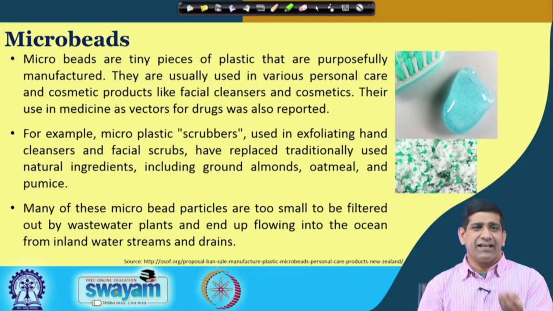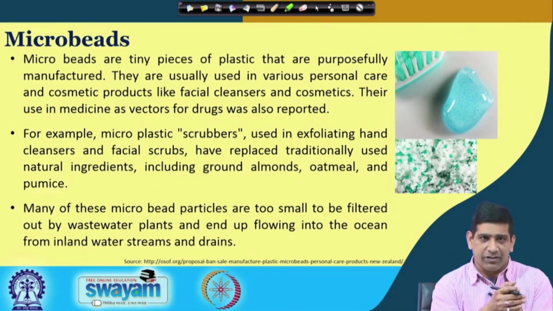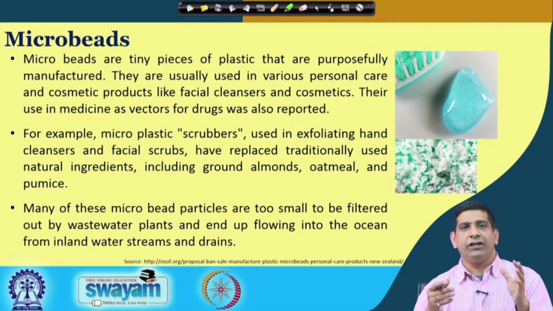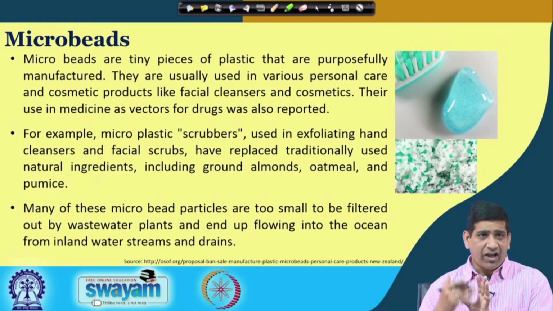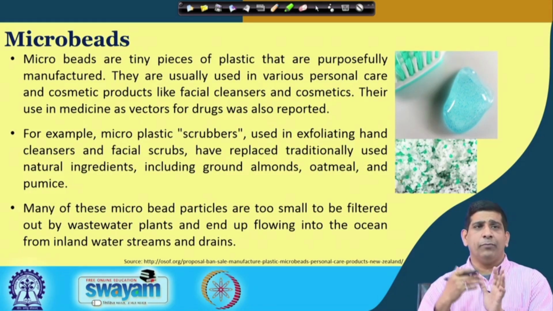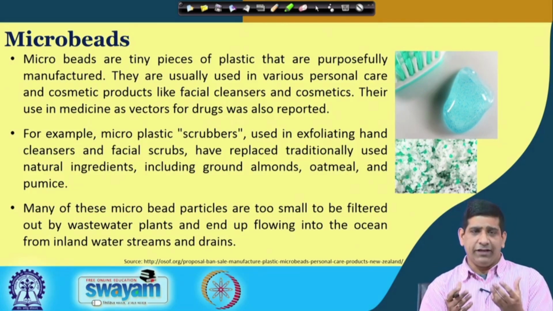Since these are very tiny particles, the plant is not designed to trap them, so they will end up potentially in the effluent, and can go into the ocean from inland water streams or drains, and when it goes to the ocean, it will start building up there.